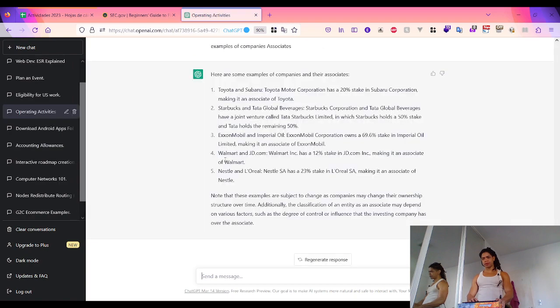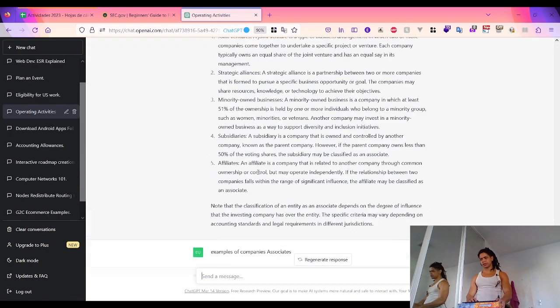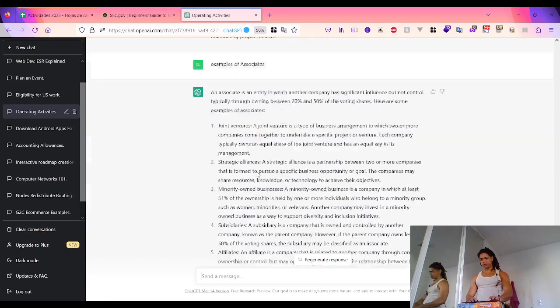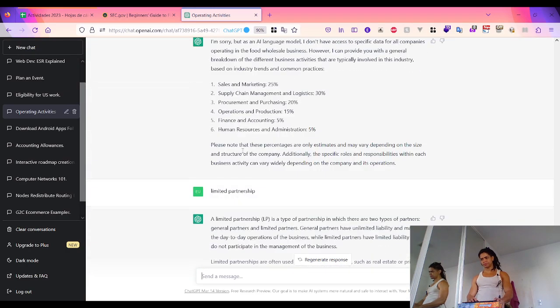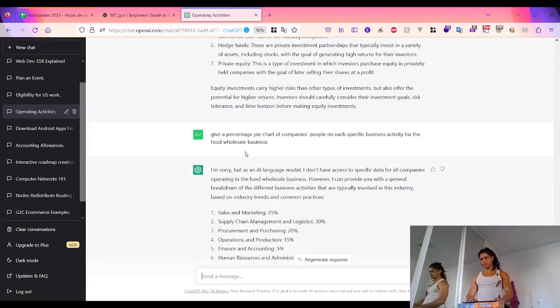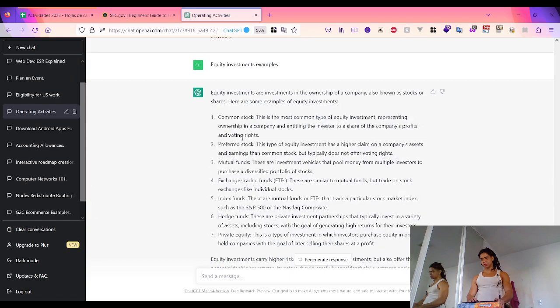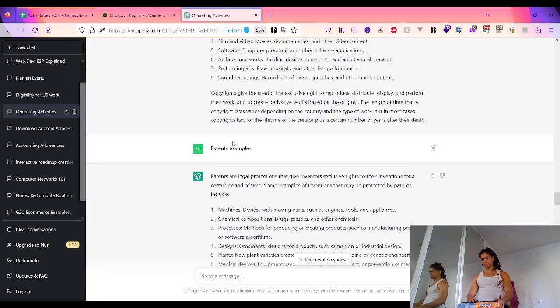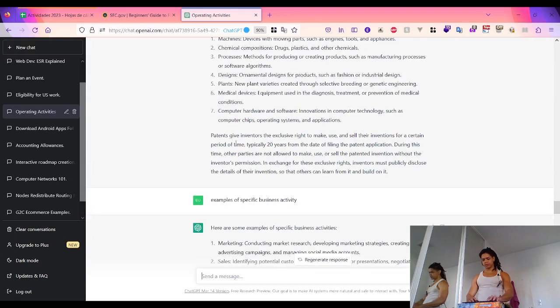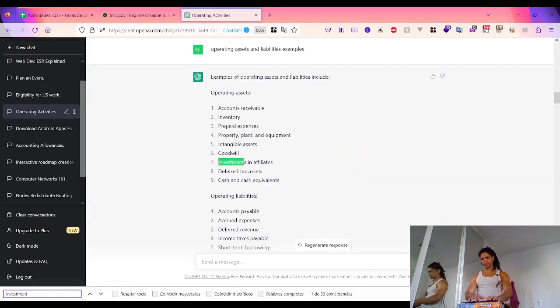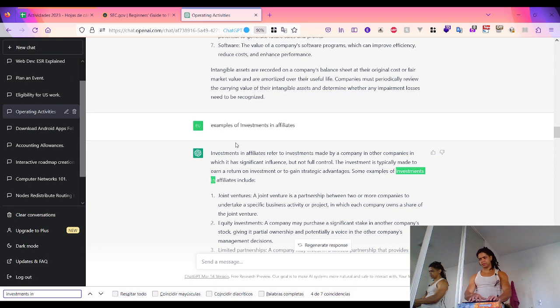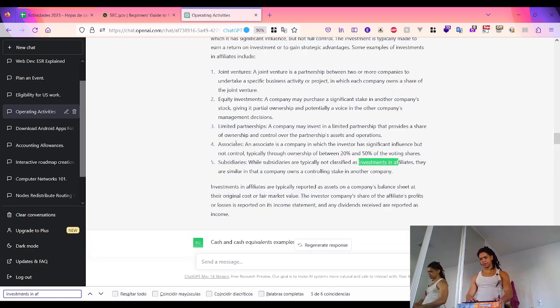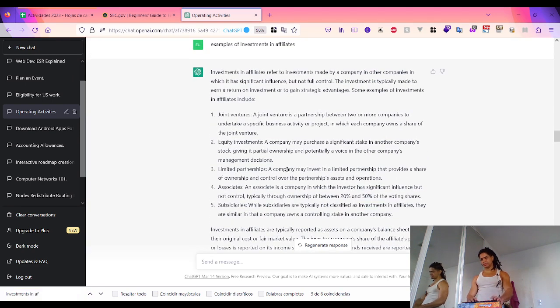So here in the operating activities, when I look at the example of this, investment in affiliates is this.